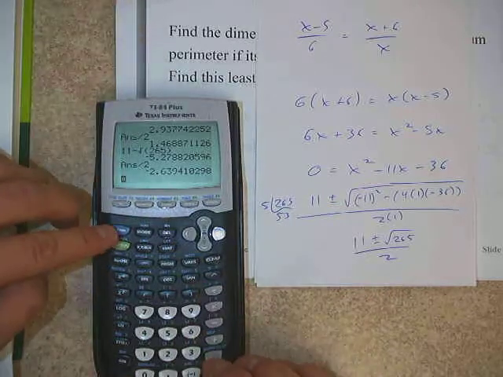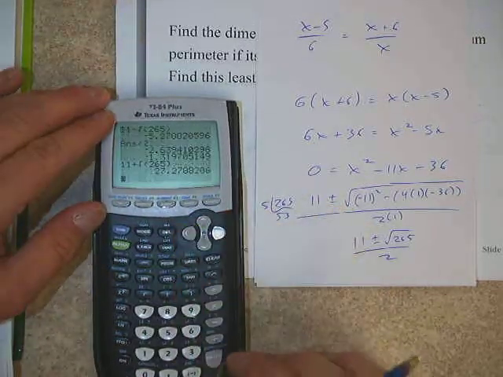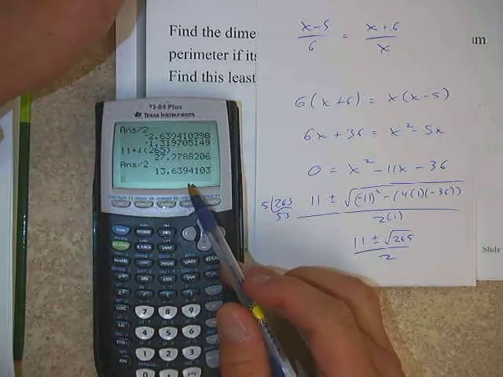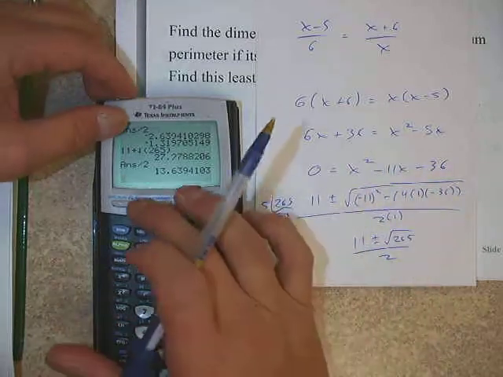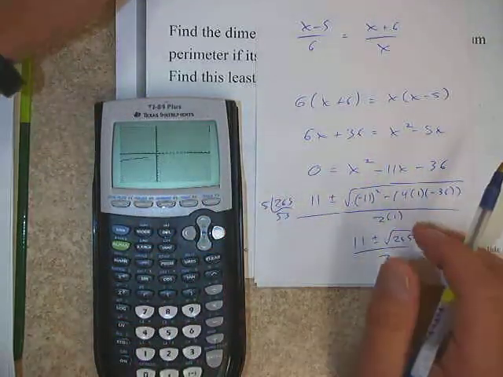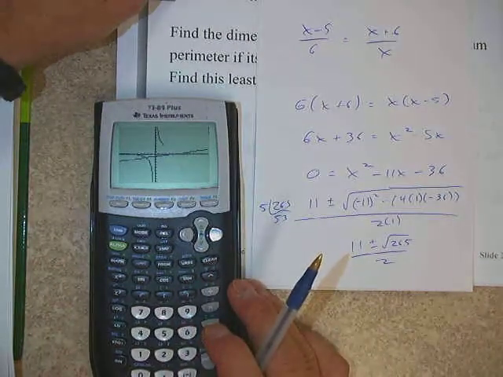Okay. And then in the other one, if we do 11 plus, and we divide that by 2, we should expect an answer of 13.639. And so that means that we're going to need to open our window up a little bit more, maybe go up to 15 here to see that other intersection point.